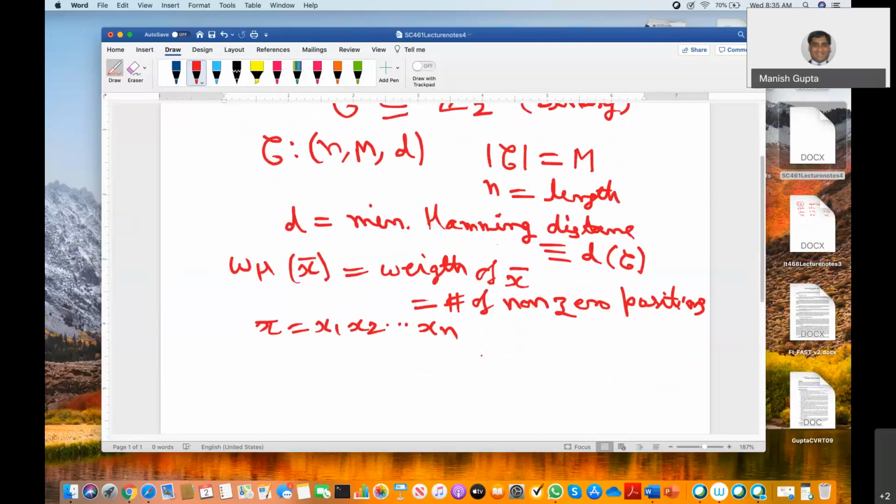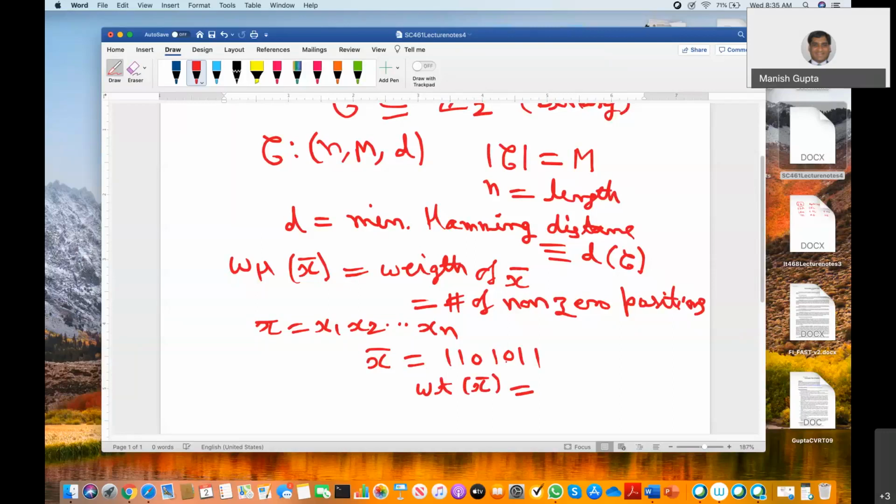For example, if x is 11010, the weight of x is 1, 2, 3, 4, 5.